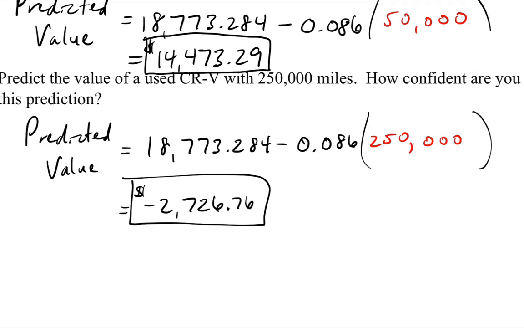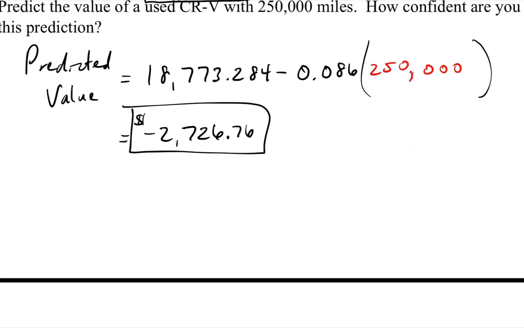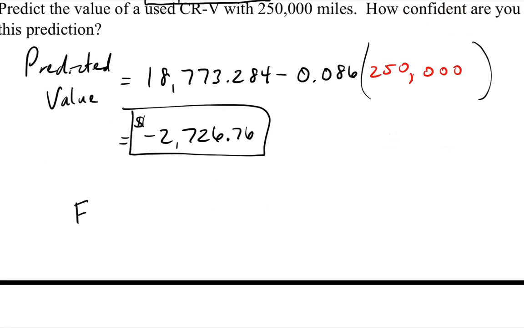Now, you might have to pay a little bit to get rid of it if no one wants it, but you're not going to have to pay $3,000. So I'm not very confident in it. This is an example of what we call extrapolation.